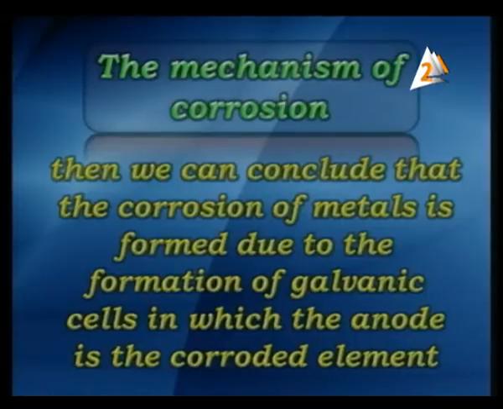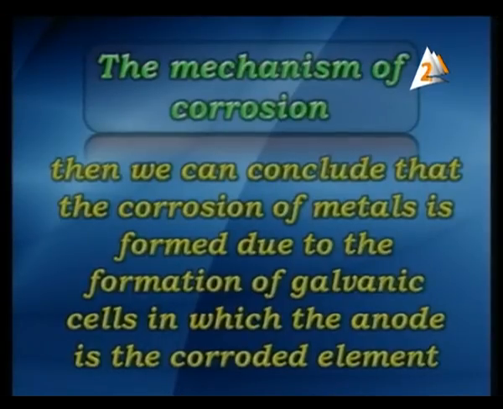We can conclude that the corrosion of metals is formed due to what? Due to the formation of a galvanic cell. A new and small galvanic cell is formed for this process, in which the anode is the corroded element.